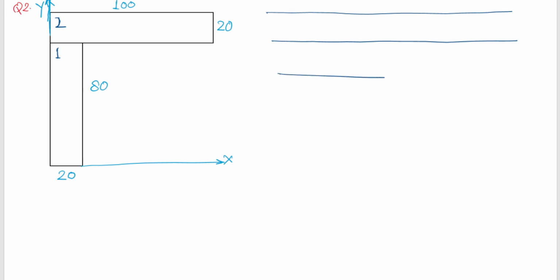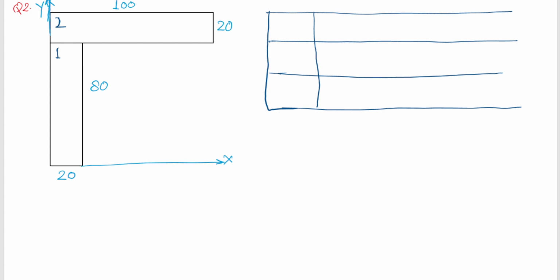We have already discussed number of rows is equal to number of geometries plus 1. So first column is geometry, second column is area, and let's keep this in centimeter. So area in centimeter square.